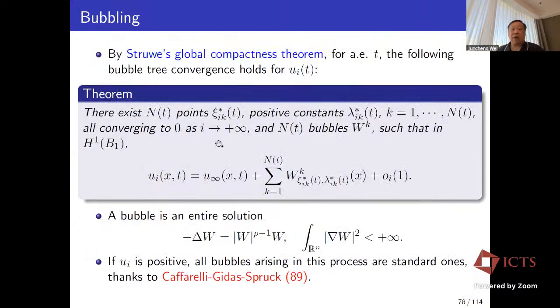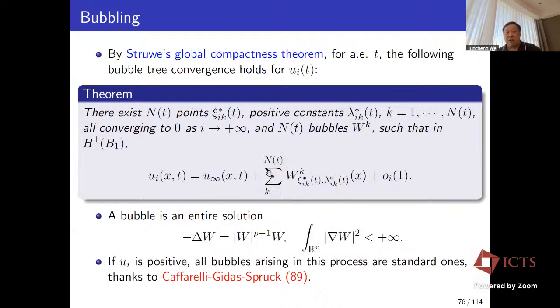And once we have this, then by Struwe's global compactness theorem, for almost all t, at each time t, we can have this bubble tree decomposition. This is a standard Struwe decomposition. So at each time t, we can do a Struwe decomposition.